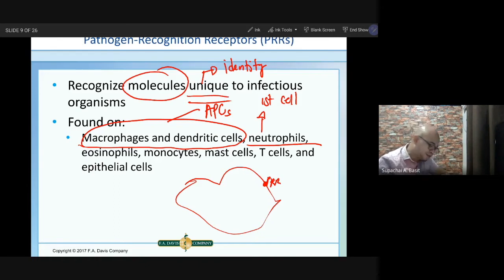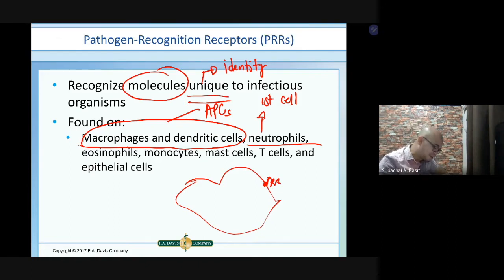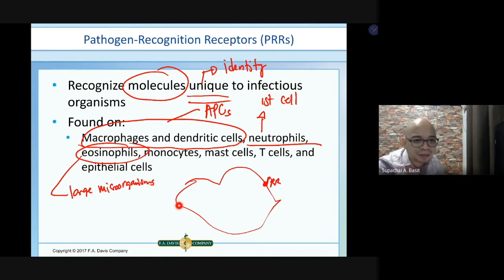Eosinophils are also important to have PRRs because eosinophils will attack large microorganisms, particularly parasites. Parasites cannot be phagocytized by neutrophils.